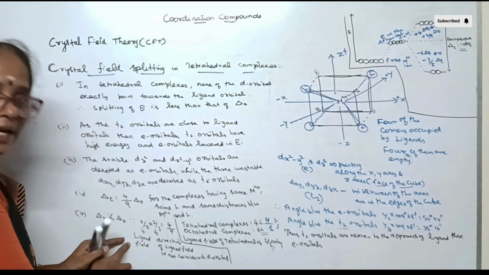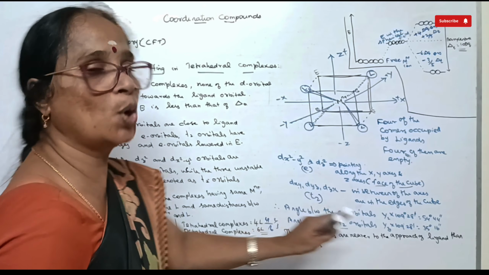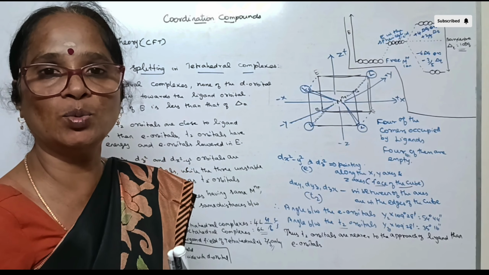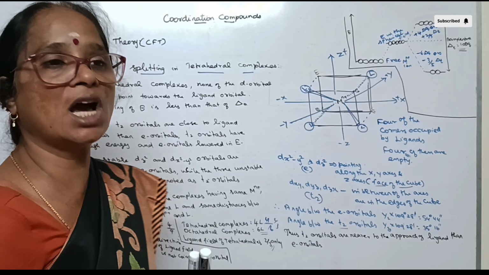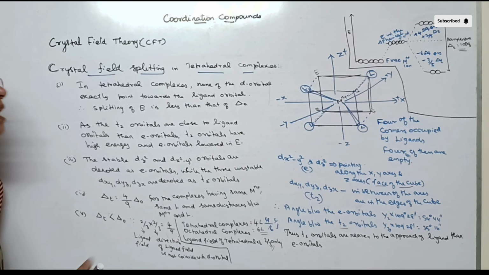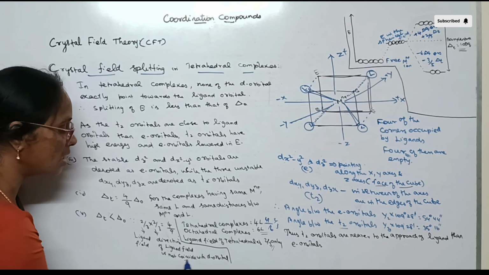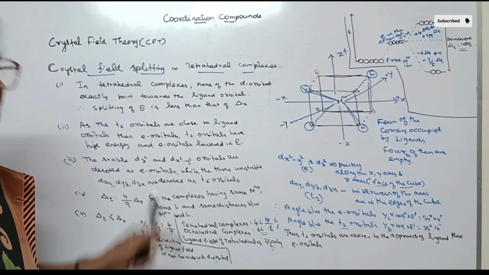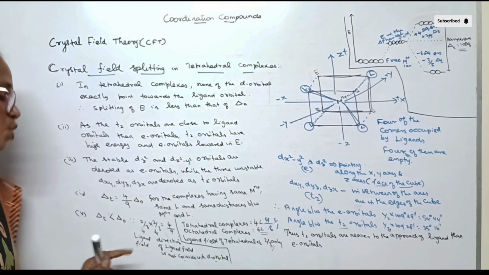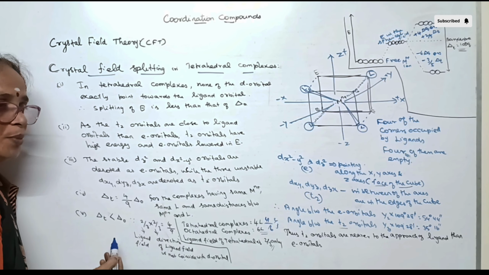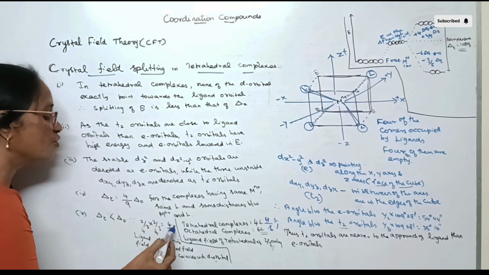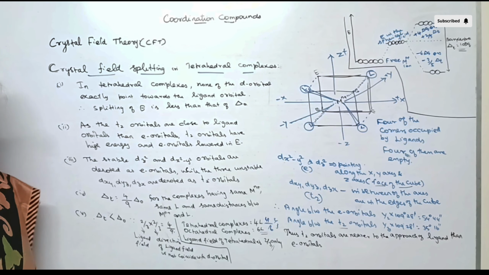But in the tetrahedral complexes, as the lobes of the d orbitals are pointing towards the faces or towards the edges, none of the d orbitals is close to the ligand orbital, and hence the direction of the ligand field does not coincide with the d orbital. Therefore there also it is decreased by the factor of 2 by 3. So by taking 2 by 3 into 2 by 3, the energy of tetrahedral complexes is lowered to 4 by 9 of octahedral complexes.